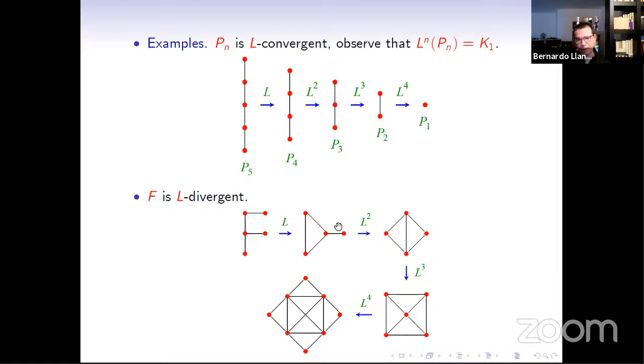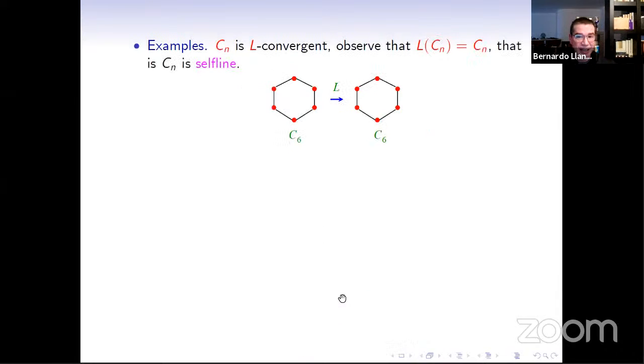Of course, it's not a proof, but you can see it is easy because the divergence of the L operator is characterized, I will mention later, but this F graph is divergent because, again, when you make the following iteration of this graph, it gets bigger and bigger and bigger and bigger. So F is divergent.